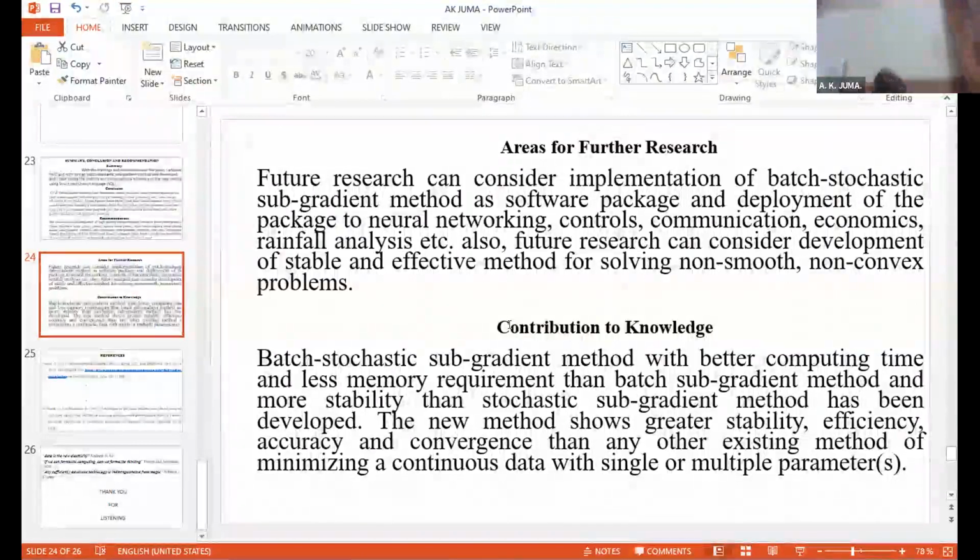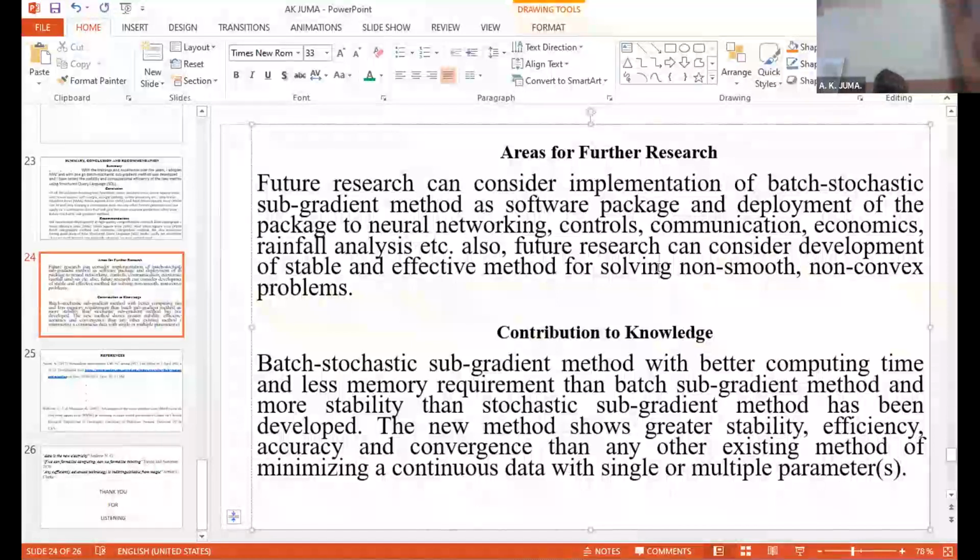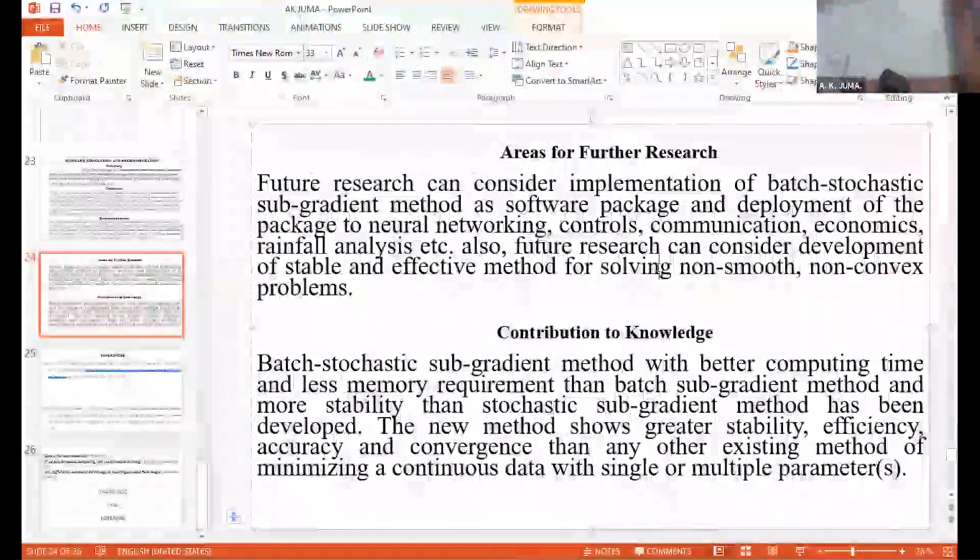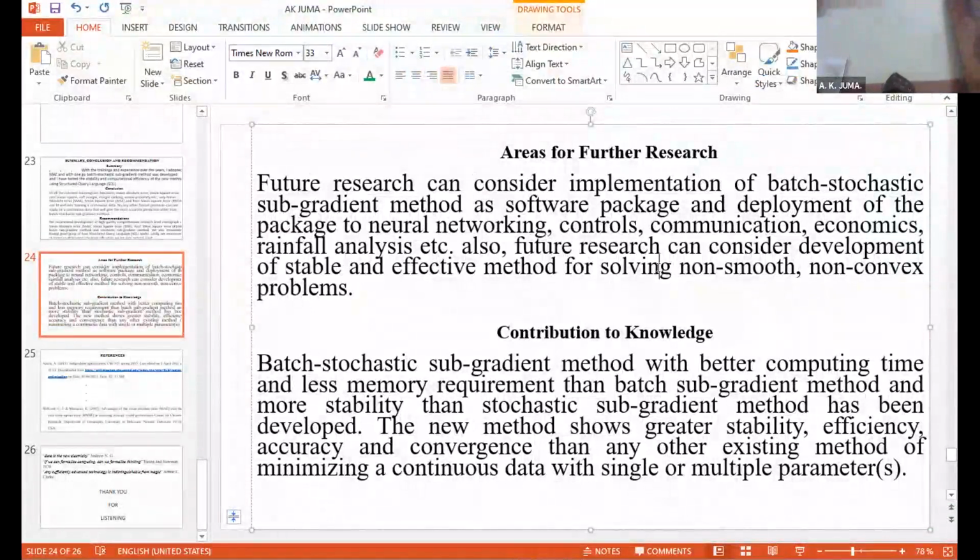So the batch-stochastic sub-gradient method has better computing time and less memory requirement than batch, because batch considers the entire data set, and more stability than stochastic, because stochastic is unstable since it considers one data point at a time. So we have developed a method with less memory requirement than batch and more stability than stochastic, which is a plus for us.